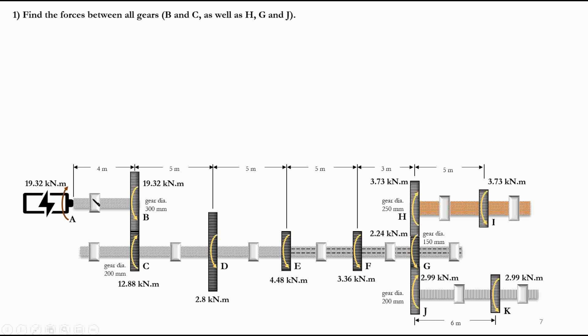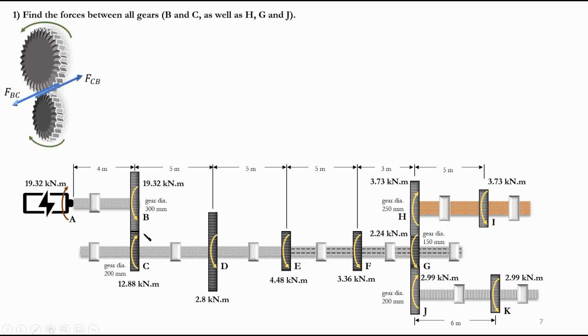But the next question was to find the friction forces. This is the force between the teeth of the gears. We need the torque value and the radius of each gear, and we have those, so we can calculate it. This is an illustration of the forces between gear B and gear C. The torque is created by the force between the teeth and the radius.